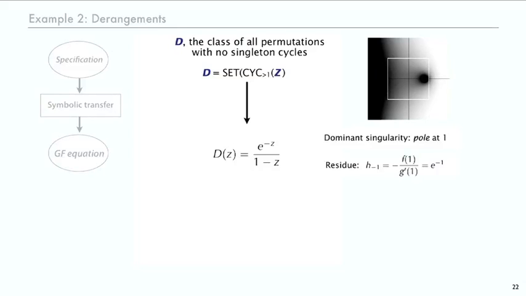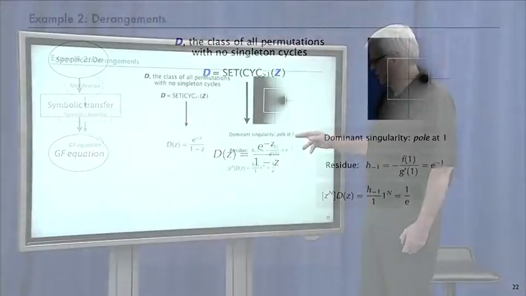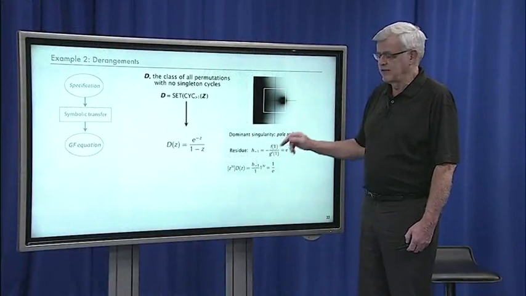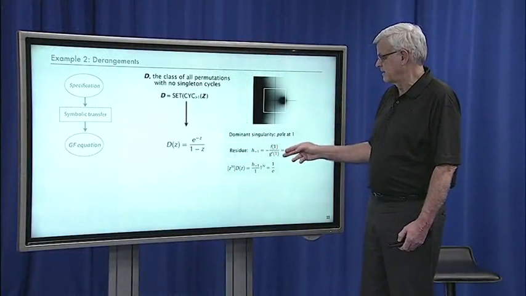So then we can easily compute the residue. The derivative of the denominator is minus 1, which cancels the minus, and the numerator valued at the singularity is just e to the minus 1. So then the meromorphic transfer theorem tells us that the coefficient is this e to the minus 1 over 1, and the exponential growth is 1 to the n.